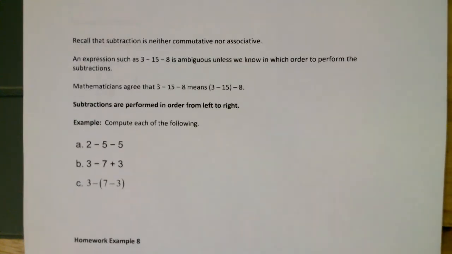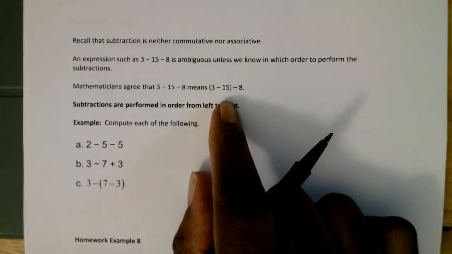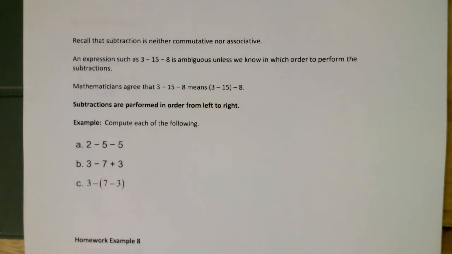All right. Now, recall that subtraction is neither going to be commutative nor associative. An expression such as 3 minus 15 minus 8 is ambiguous unless we know in which order to perform the subtractions. Mathematicians agree that 3 minus 15 minus 8 means this. You do 3 minus 15 first and then subtract 8.